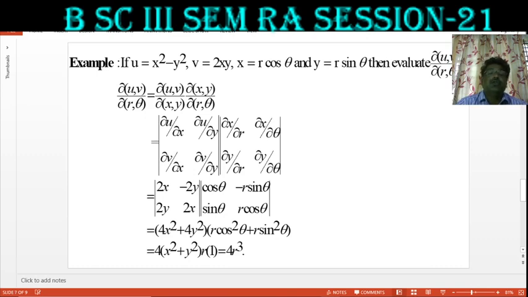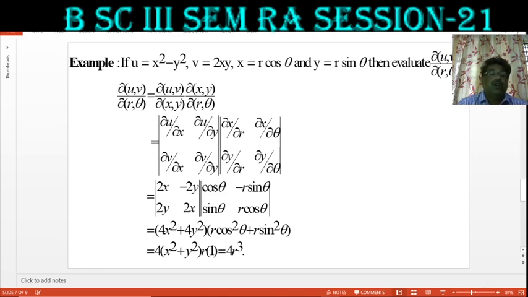Now u is equal to this one, v is equal to this one, x is equal to r cos theta, y is equal to r sin theta. Now we can calculate ∂(u,v)/∂(r,θ), that is ∂(u,v)/∂(x,y) into ∂(x,y)/∂(r,θ). Write the first Jacobian and second Jacobian in determinant form.